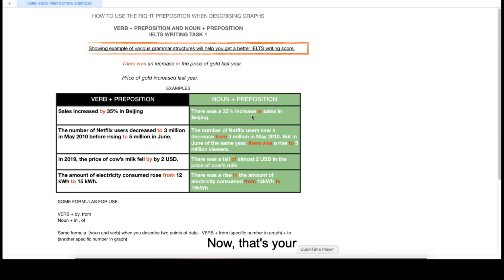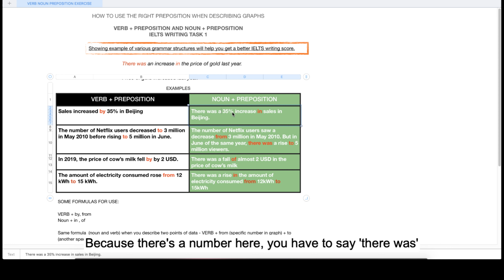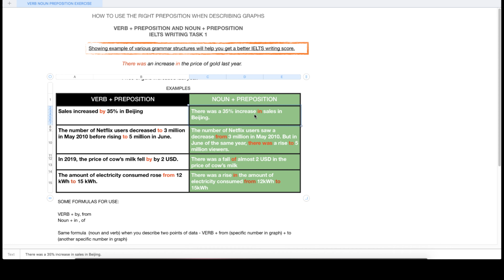Now that's your two structures. So there was, now here this is actually a small change. Some people might say there was an increase, but because there's a number here, you have to say there was a 35% increase in sales in Beijing.